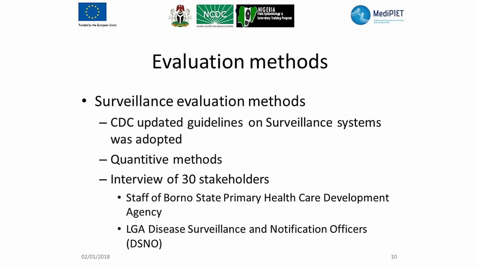We conducted the evaluation using the CDC updated guidelines for surveillance systems as a guide, and we conducted it using quantitative methods where we interviewed 30 stakeholders from the State Primary Healthcare Development Agency, as well as the local government disease surveillance and notification officers. We administered a structured questionnaire that was pre-tested to find out information about some of the attributes of the surveillance system.